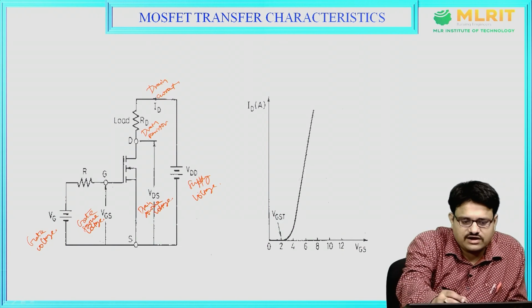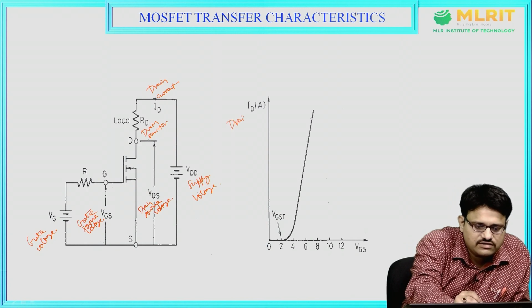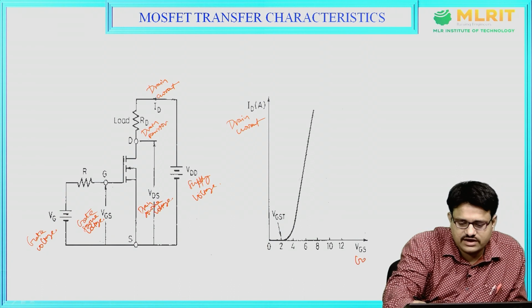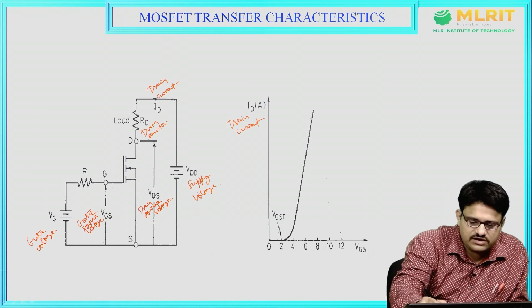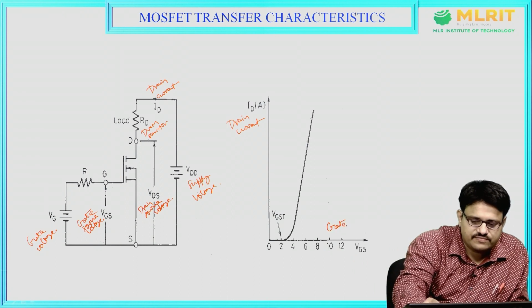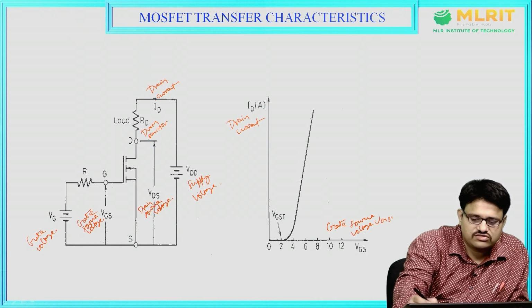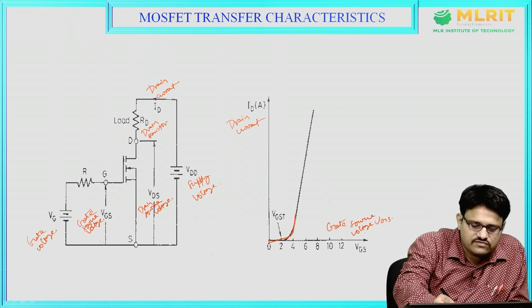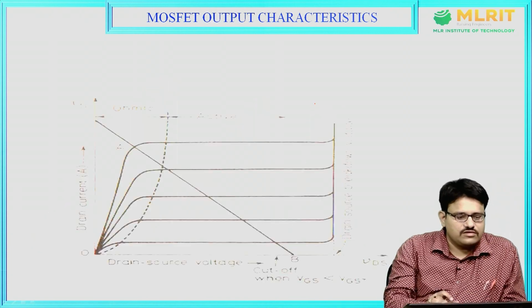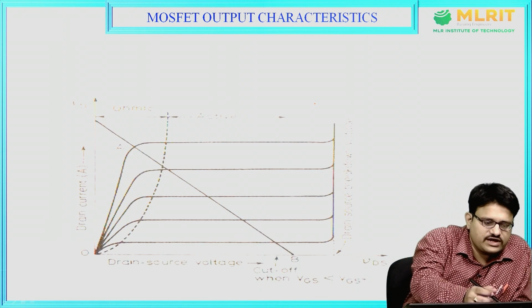And here the graph is drawn between drain current and gate source voltage, VGS. Here as we see the graph is drawn like this, and these are the MOSFET output characteristics.